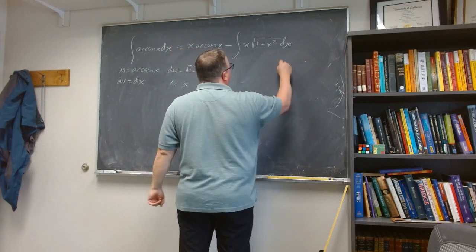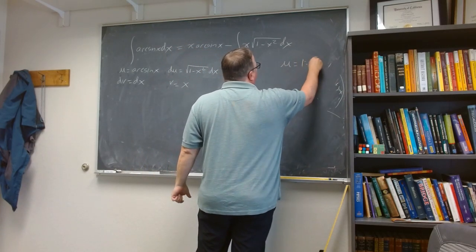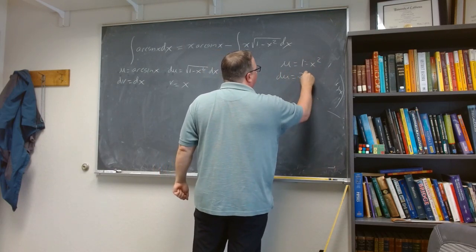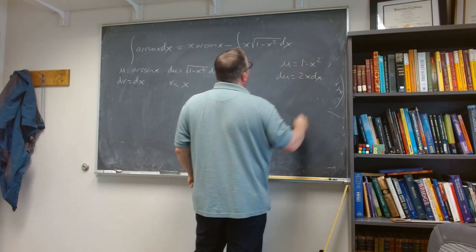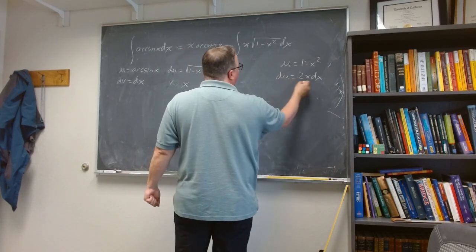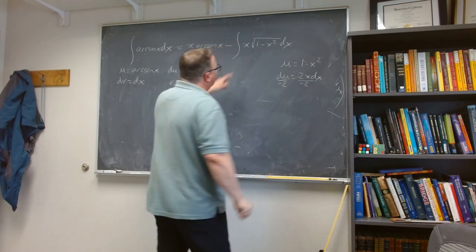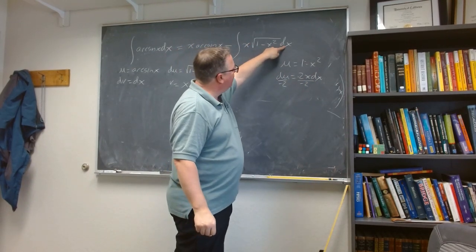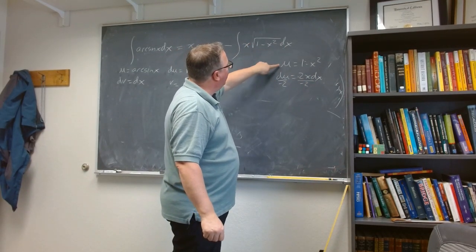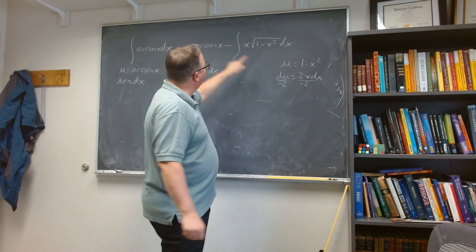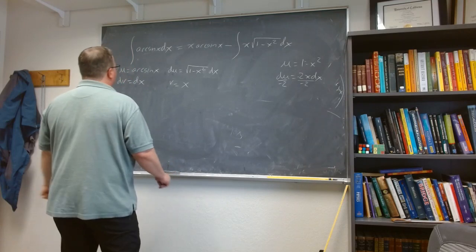If we let u be 1 minus x squared, du will be negative 2x dx. And so x dx will be du over negative 2. And this negative and that negative will also cancel each other out.